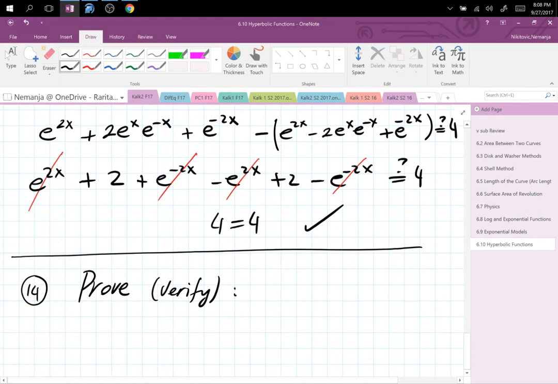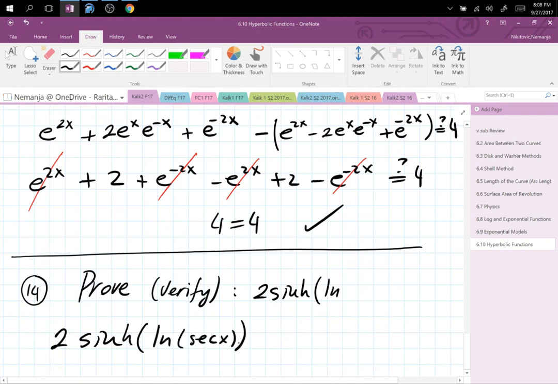So verify that 2 sinh of ln of sec x is the same as sin x times tan x.